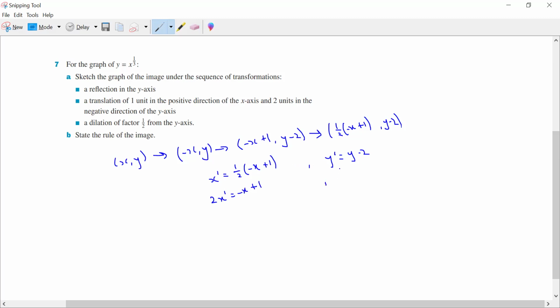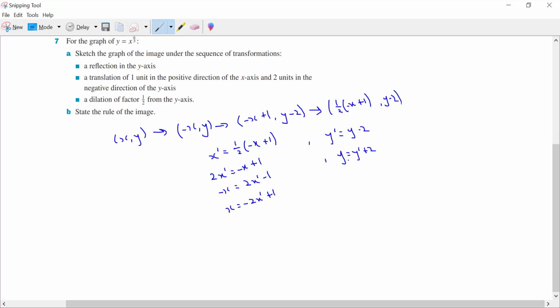And on the other side, y equals y dash plus 2. And then you basically just make x and y the subject. So negative x equals 2x dash minus 1. So x equals negative 2x dash plus 1.